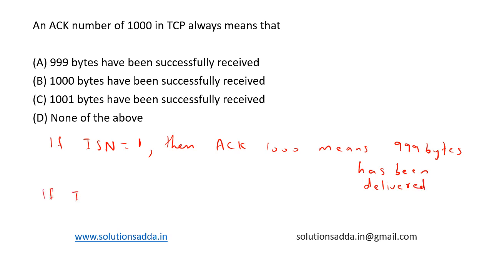If the initial sequence number is equal to 0, then an acknowledgement number of 1000 means that 1000 bytes have been delivered. Since there are two situations based on the value of the initial sequence number, we cannot outrightly say either A or B will be correct. So the correct answer here would be D, none of the above.